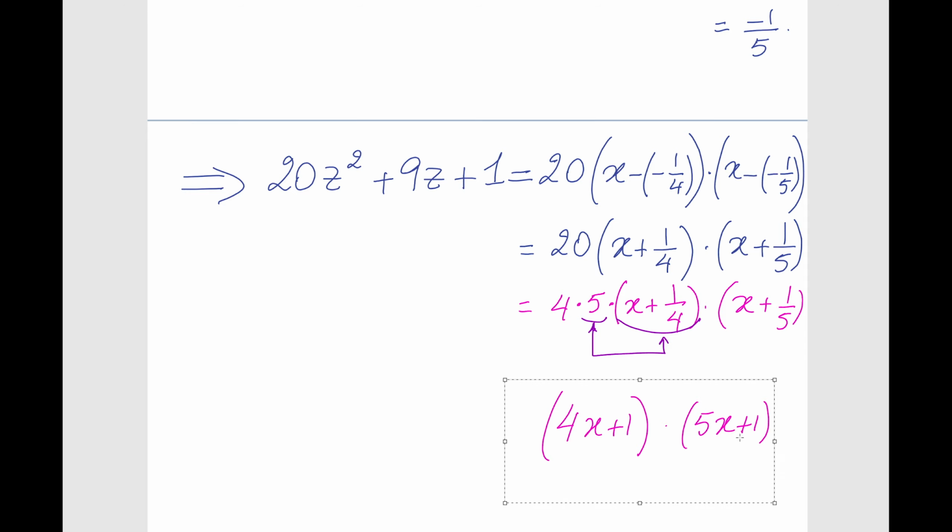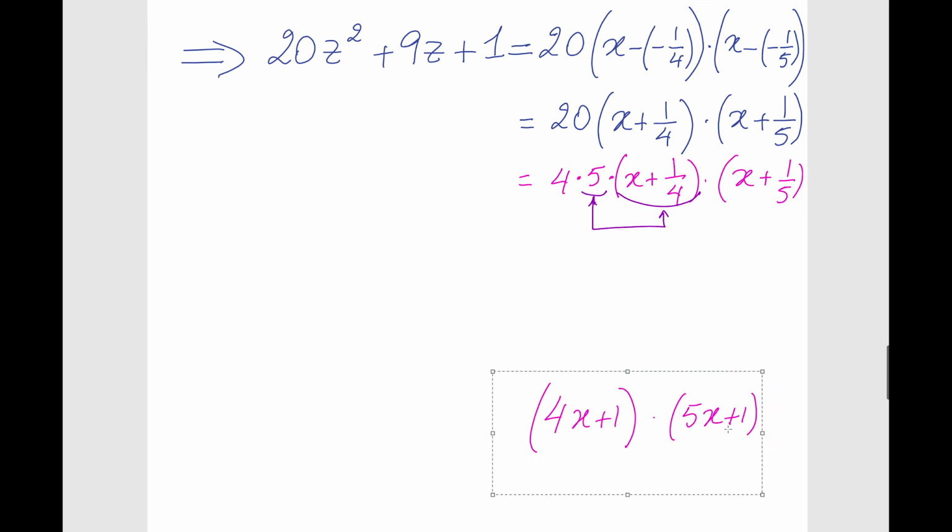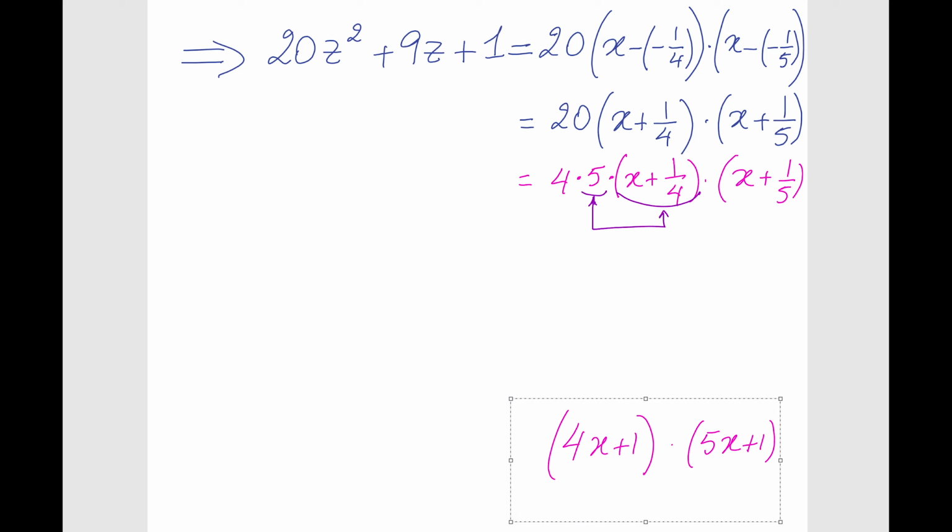And if they do, you can rewrite. Let me take this one a little down. And once they swap spots, let's say, we get 4 times, let me go to the pink. So we get 4 times the x plus 1 over 4 times 5 times x plus 1 over 5, right?